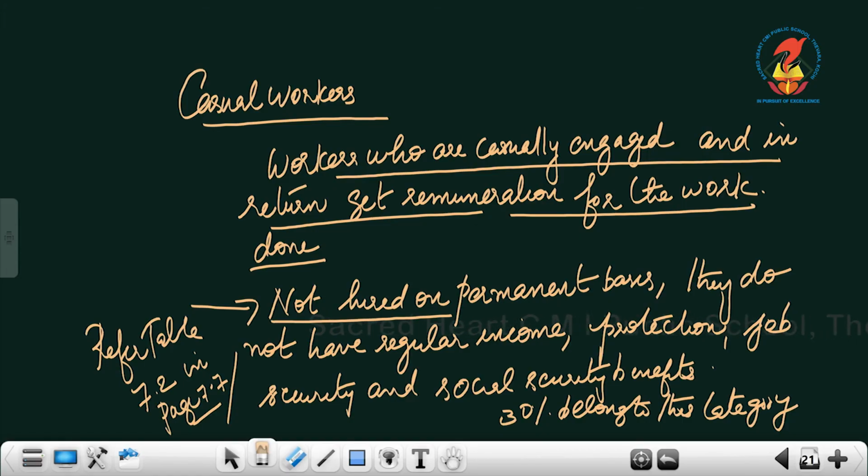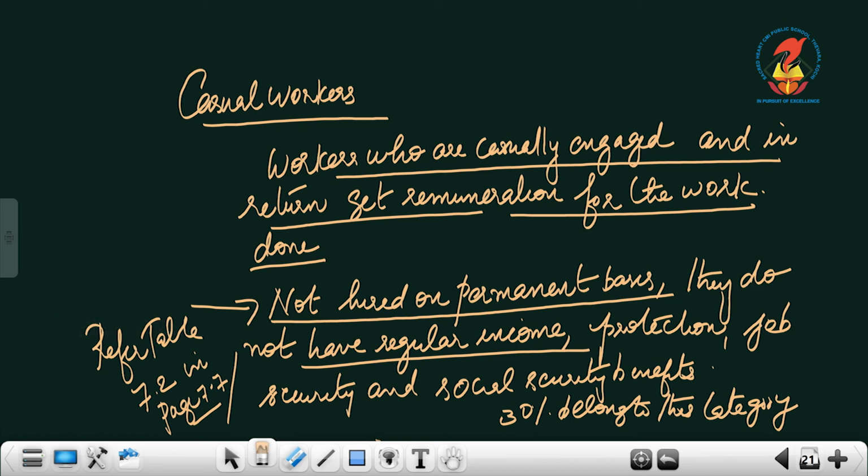Now, they are not hired on a permanent basis. Anytime they can be moved out from the system. They are known as casual workers. Okay? And they do not have any regular income. They are paid every day. If they are not coming on one day in a particular week, for that particular day they will not be given the wages.